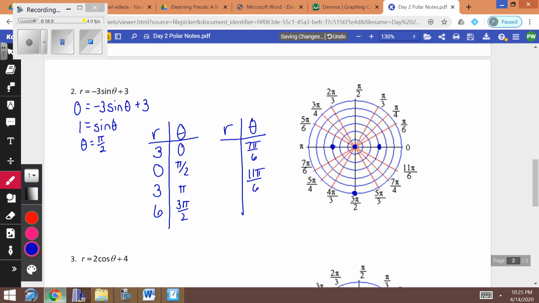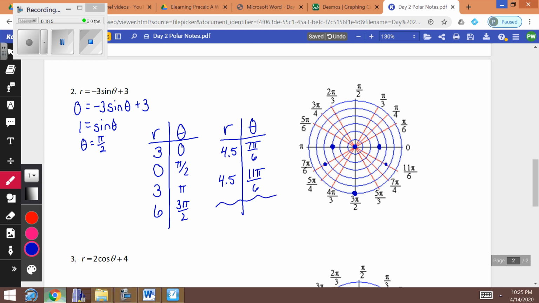If I did negative 1/2, negative 3 times negative 1/2 is 1/2, plus 3 gives us 7/2. Again, that would be the same value right here. So we can graph that. We're 1, 2, 3, 3.5, and 1, 2, 3, 3.5. You can tell that that can help make our cardioid look a little bit better.